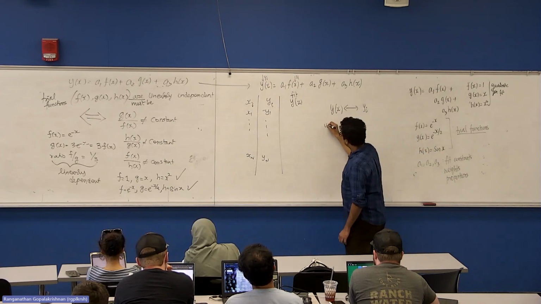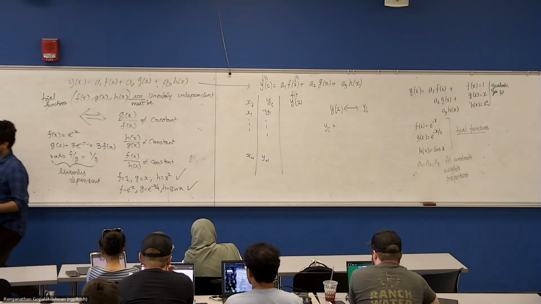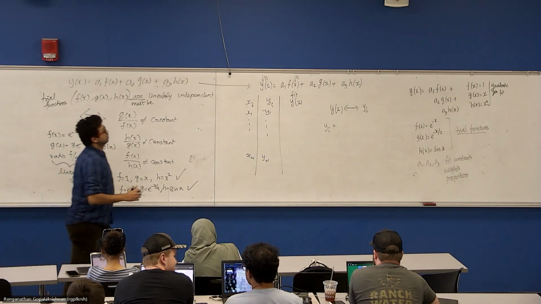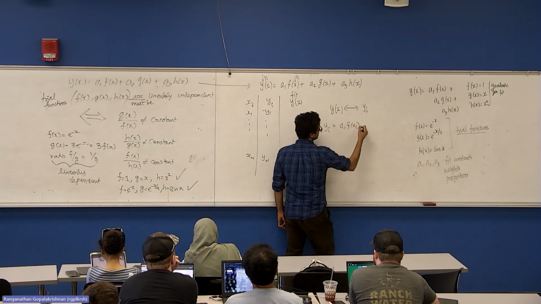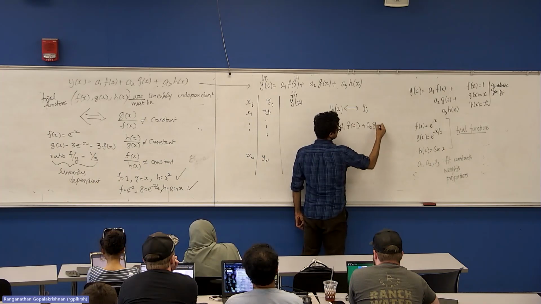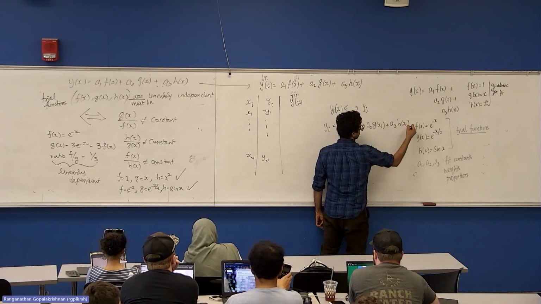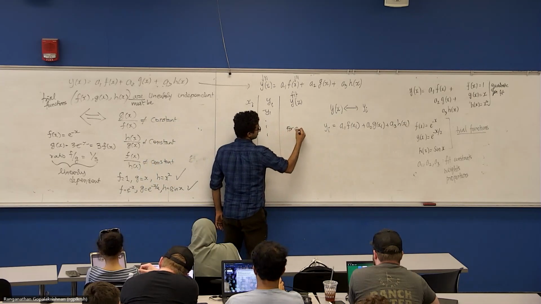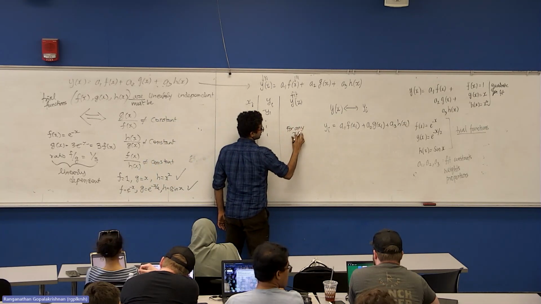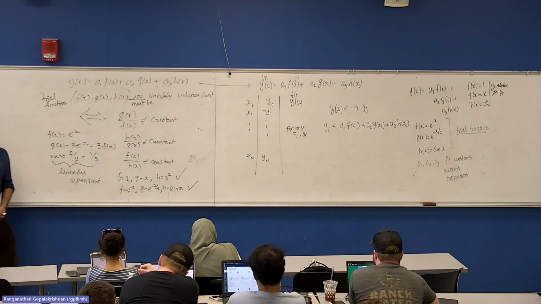So that's like writing yi equal to a1 f of xi plus a2 g of xi plus a3 h of xi, for any xi and yi. This must generally be true.